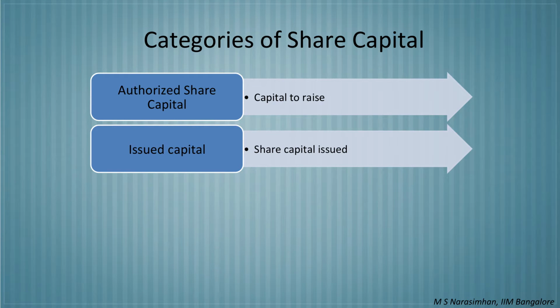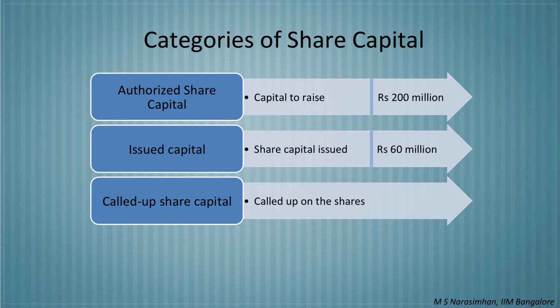The issued capital represents the share capital that you have issued. For example, if your authorized capital is 200 million and you need only 60 million immediately, you can issue 6 million shares at 10 rupee per share. Suppose your project will take longer time to complete and you need funds in a phased manner to execute the project.